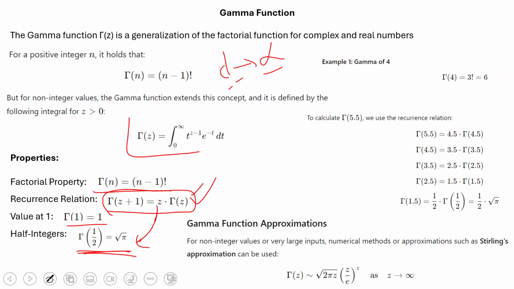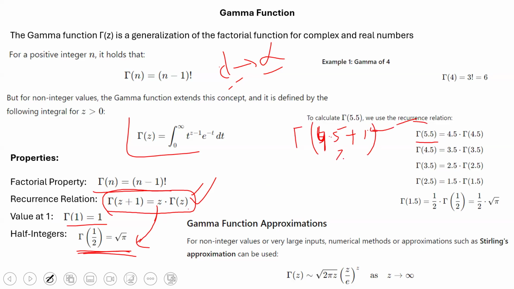So gamma of z plus 1 is equal to z times gamma of z. Now we are trying to solve for gamma of 5.5. 5.5 can be written as 4.5 plus 1, so gamma of 5.5 is gamma of 4.5 plus 1.